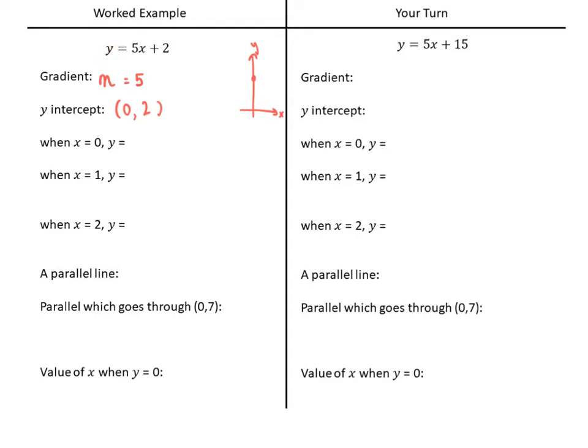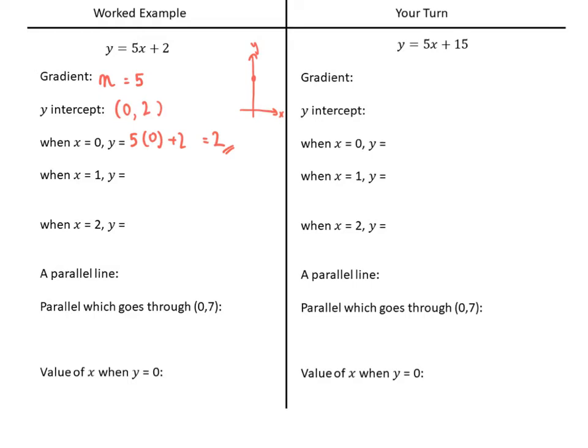So when x equals 0, y will equal 5 times 0 plus 2. 5 times 0 is 0, plus 2 gives me 2. What we've essentially done here is we have calculated our y-intercept. When x is 0, y is 2.